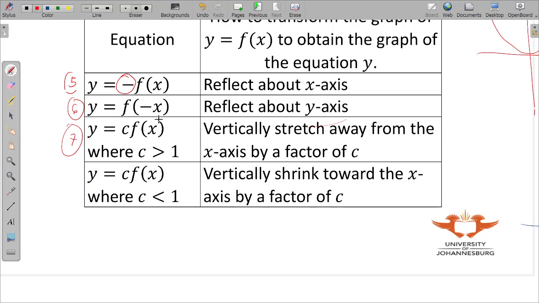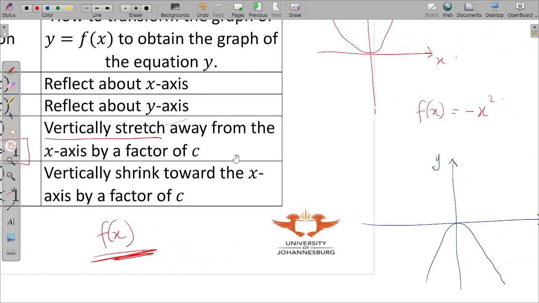Also, if we multiply the function by a constant, and that constant is greater than 1, of course, if c equals 1, it's just the function itself. But if it is greater than 1, then we have a vertical stretch away from the x-axis by a factor of c.